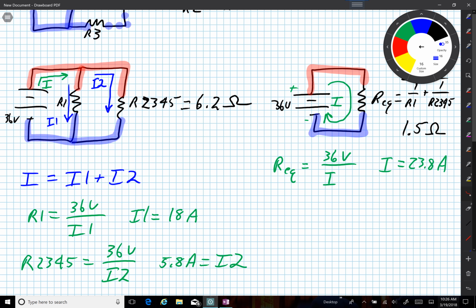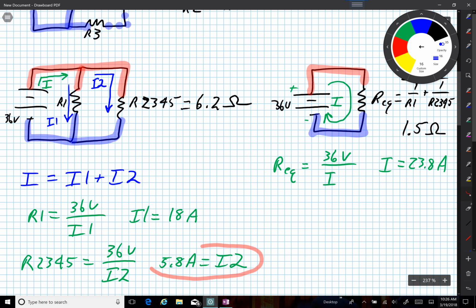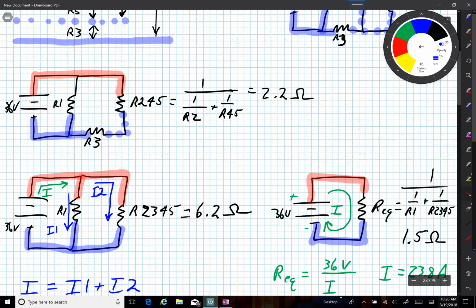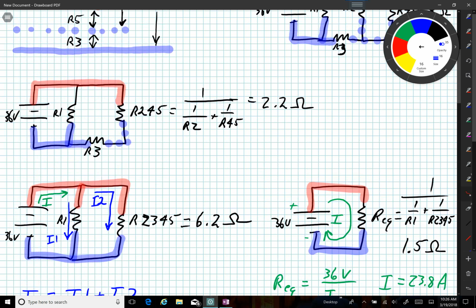Now we have to take this information, in particular this piece of information, I2, and bring it back to the previous diagram and put it in the right place. So here's what we can say. We have I coming out of the battery. We have I1 flowing through resistor 1.